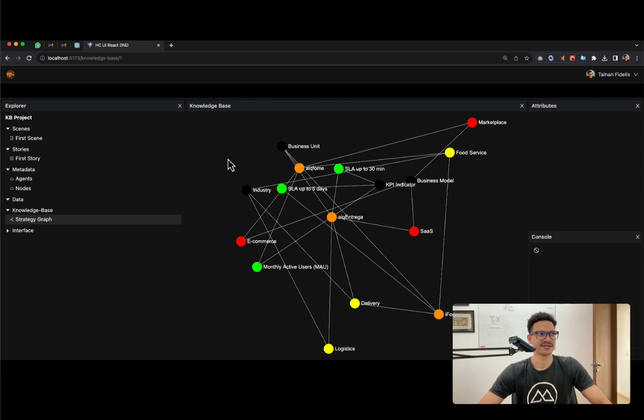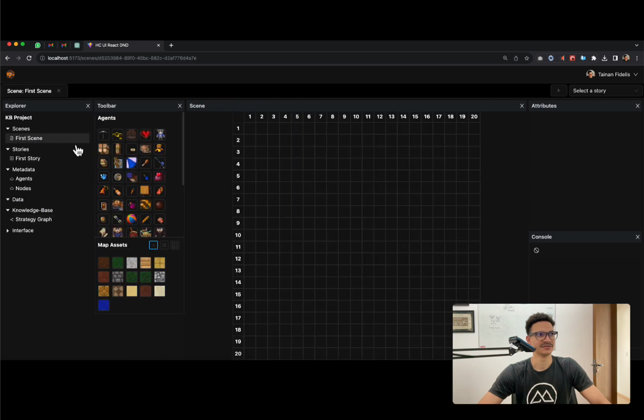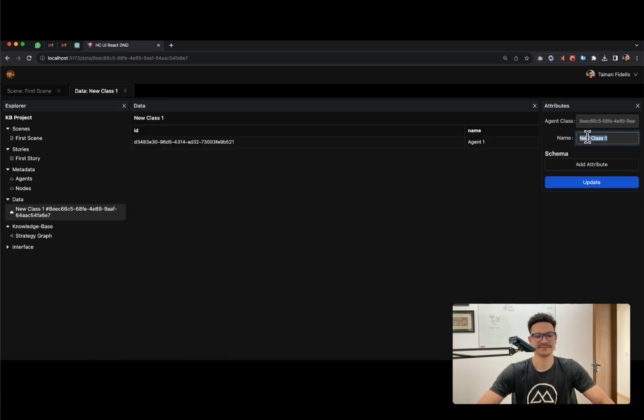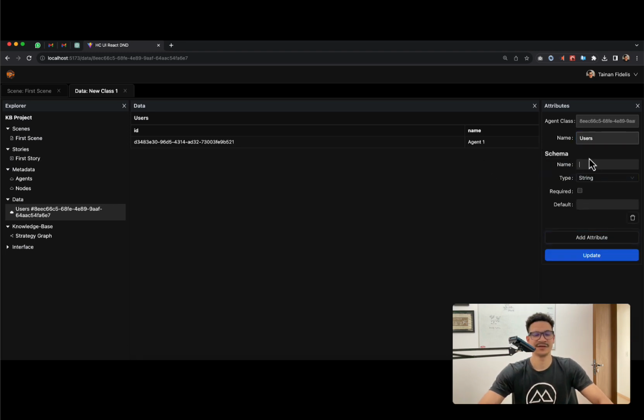And you can see, for example, here we could create agents. Then we could create our edit class. So this is the class. We could create attributes.